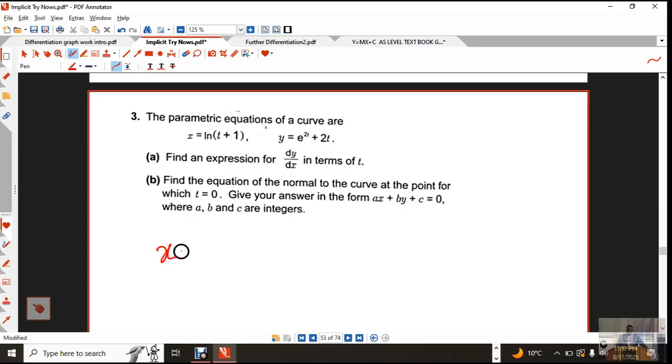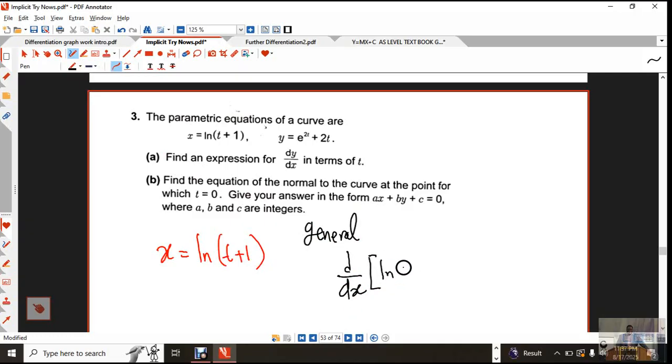So you have got x is equal to the natural log of t plus 1. Now I still hope you remember how to find the derivative of the natural log. So if you have d by dx of the ln of, let's say, f of x, then it's going to be 1 over that function, times the derivative of that function.